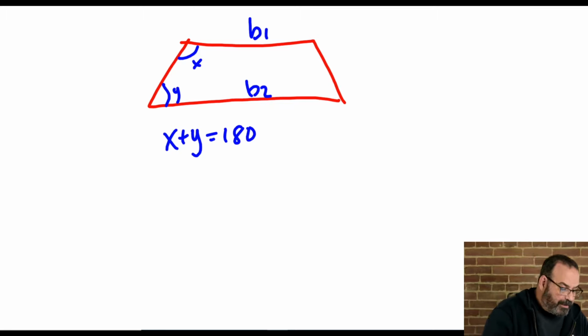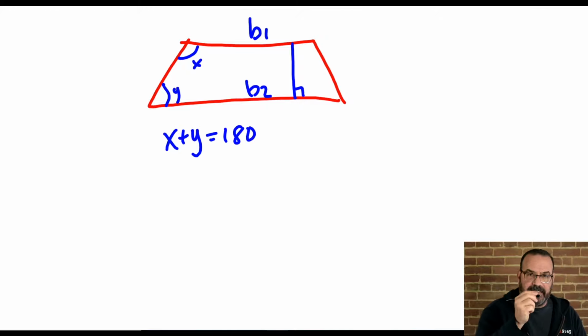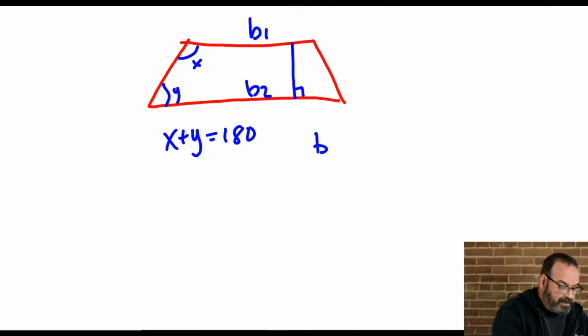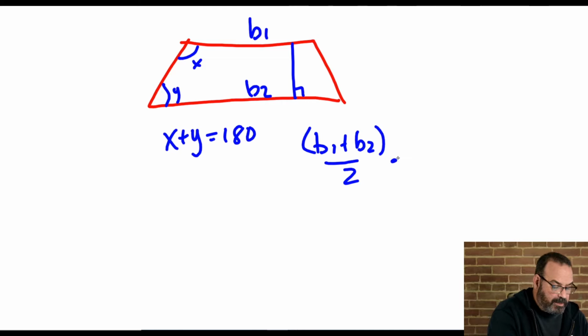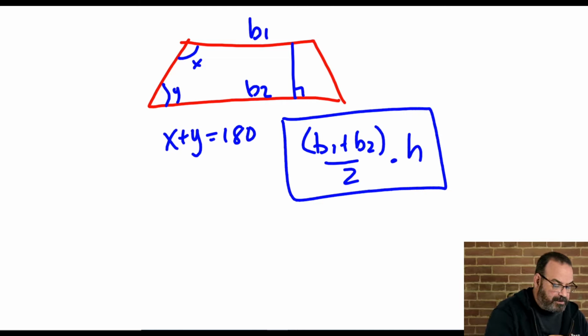What is the area of a trapezoid? You need to know this formula. The distance between the bases forming a right angle, like the height of a triangle, is base 1 plus base 2 divided by 2, or the average of the two bases, multiplied by the height. That's the area of a trapezoid.